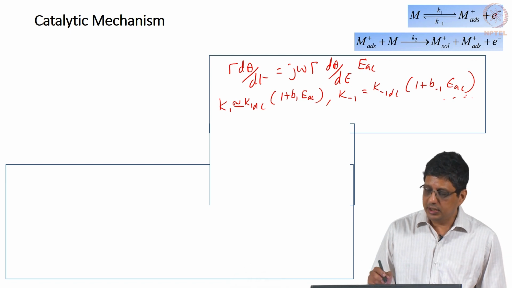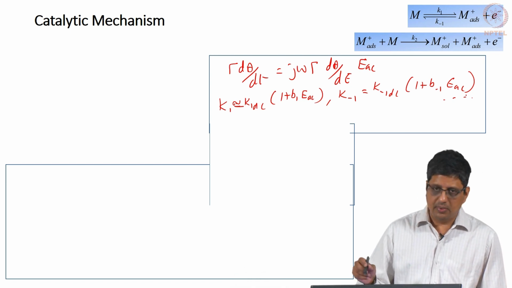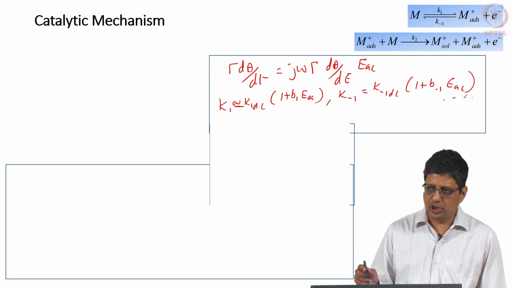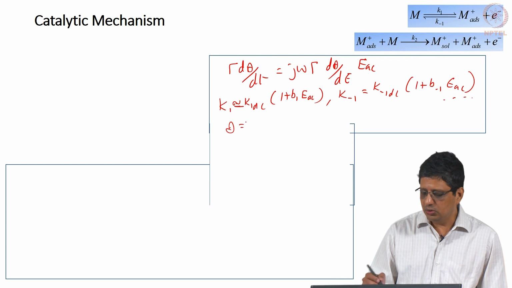So, K1, K minus 1, K2, all of them are dependent on potential, electrochemical steps. Therefore, you would write like this, there is only one theta. So, you do not have to write it as theta 1.